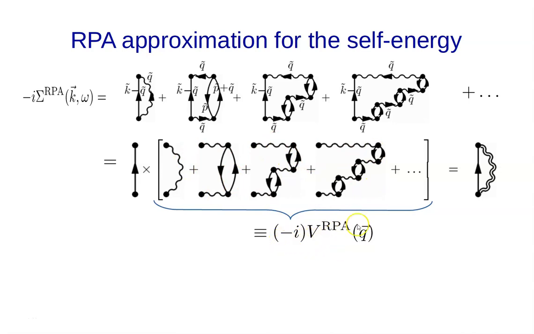Remember, there's this minus i when you discuss a diagram like that, like this is minus i times V of Q. And I'm going to represent this sum with this thick wiggly line, and that's my RPA potential. So at the end of the day, this will be my self-energy, my random phase approximation for the self-energy.